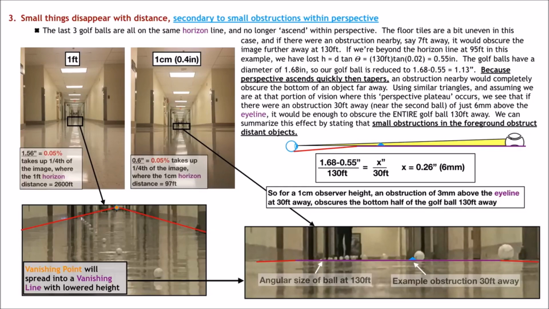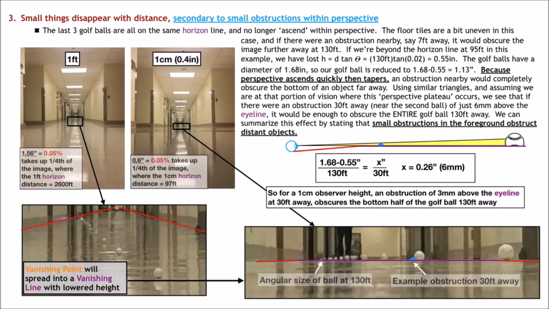This is for the 1 centimeter observer height, so an obstruction of just 3 millimeters would obscure the entire bottom half of that golf ball. We would lose the bottom half of the golf ball.